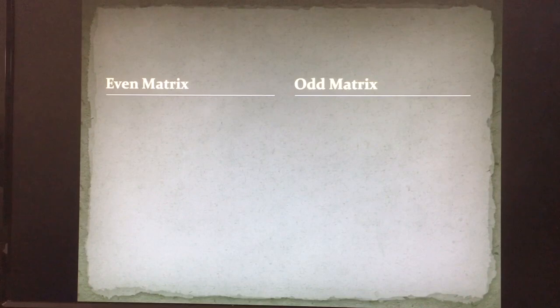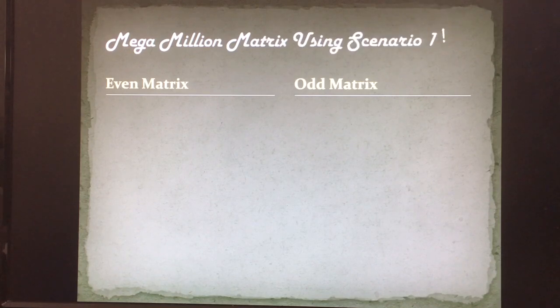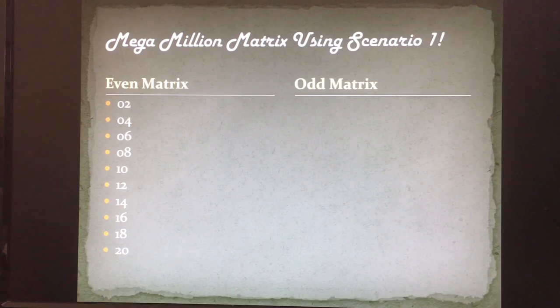Now, the even matrix and the odd matrix from using scenario 1. And the even matrix goes like this. You start with 02, 04, 06, 08, 10, 12, 14, 16, 18, and 20.